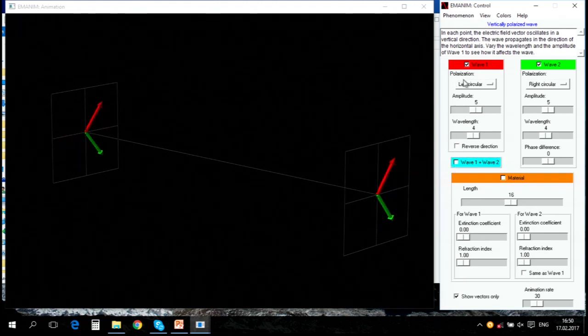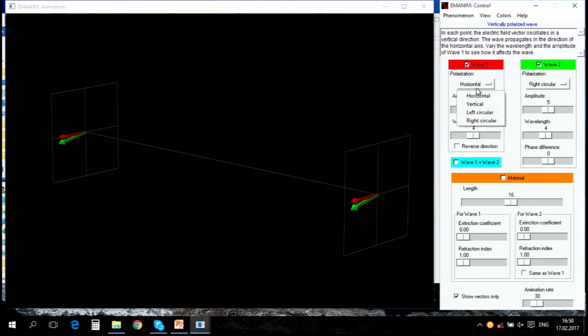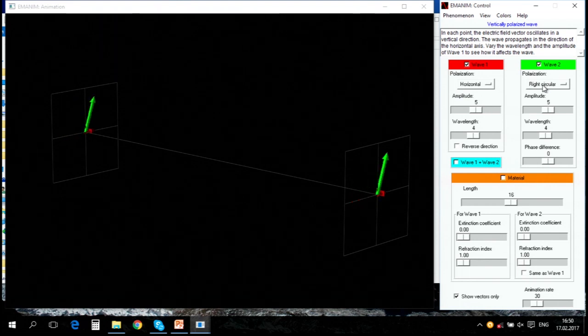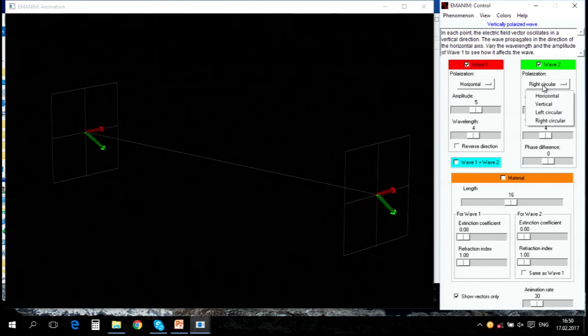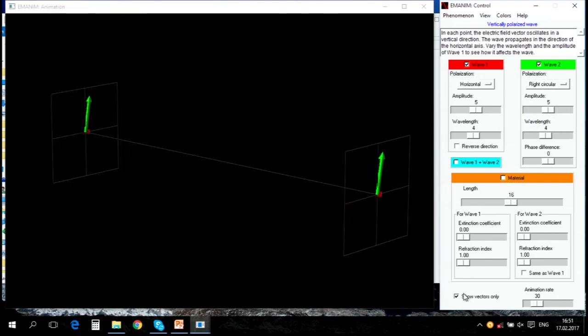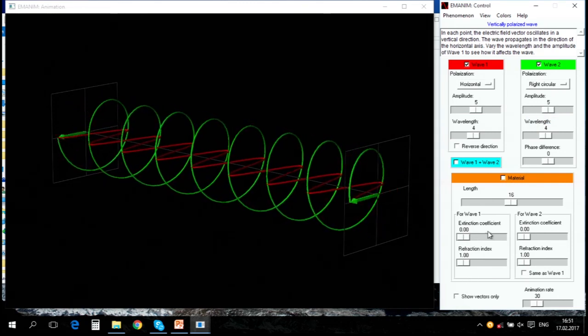Let's continue. We said a few minutes ago that elliptical polarization is the sum of linear and circular polarization. Let's check.